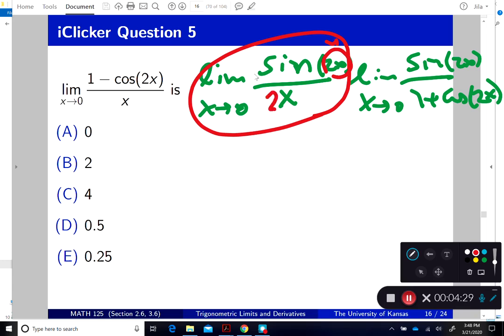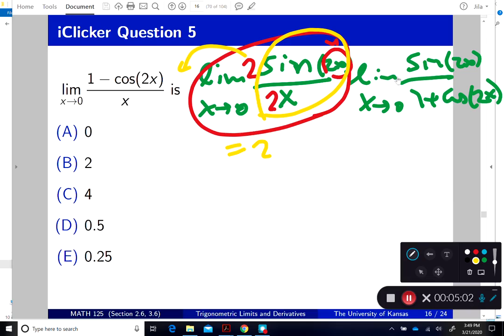But I remember that people can wear different disguises, but they cannot change completely. So the 2 has to be multiplied by the top as well. Now this part has become the limit that I wanted, and that 2 pulls out, so this entire part is equal to 2.